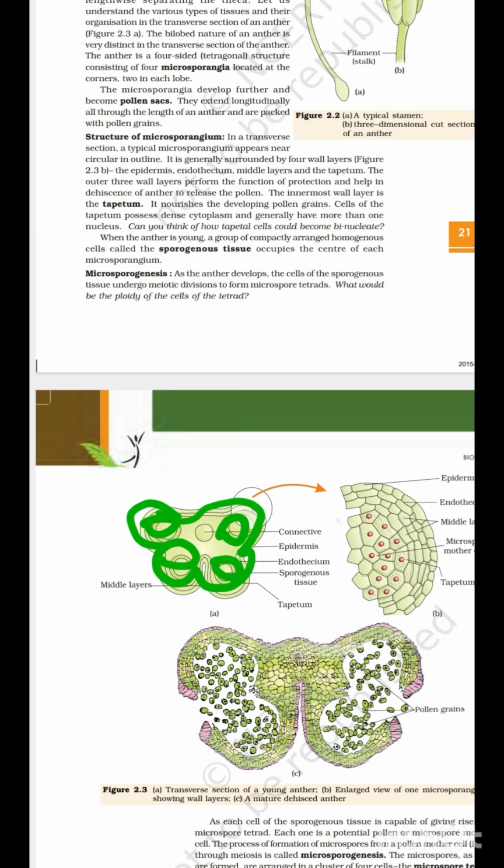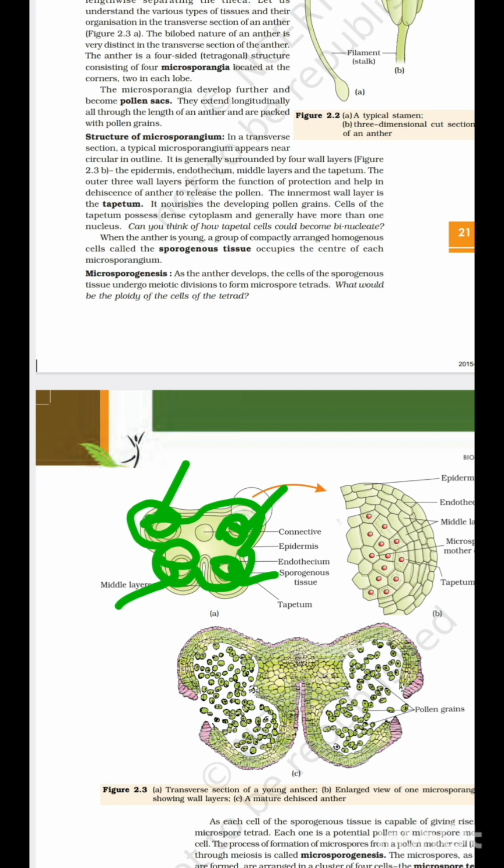The microsporangia develop further and become pollen sacs, because pollen grains will be formed inside that sac. They extend longitudinally all through the length of the anther and are packed with pollen grains.